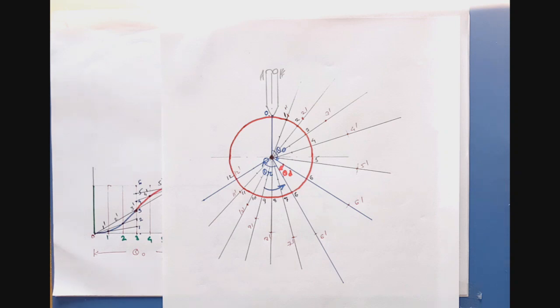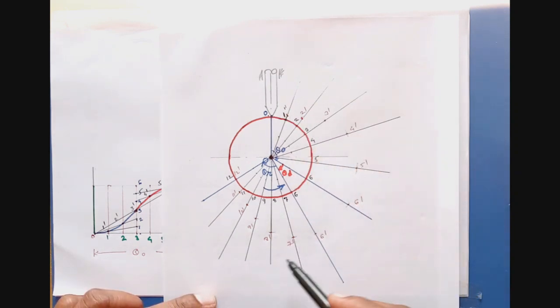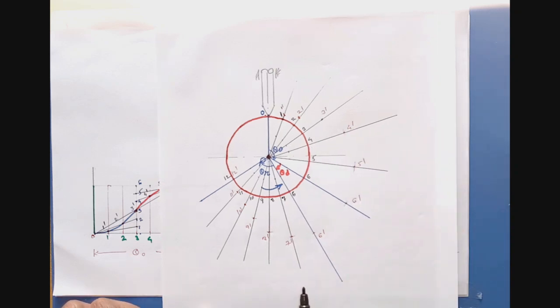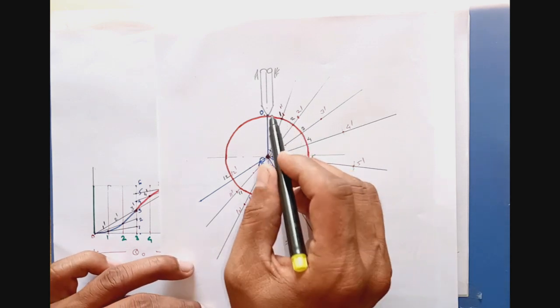Now in the last step we will draw a smooth freehand curve passing through these points, because these are the positions of the trace point as the follower rotates in opposite direction of the cam rotation over the surface of cam. Okay.